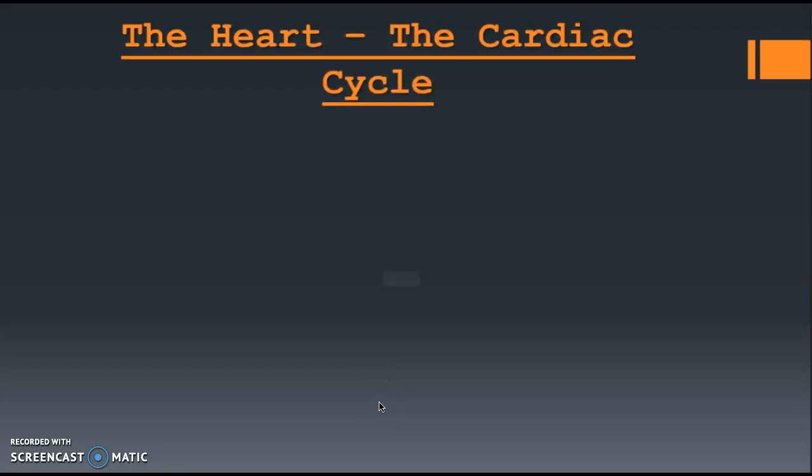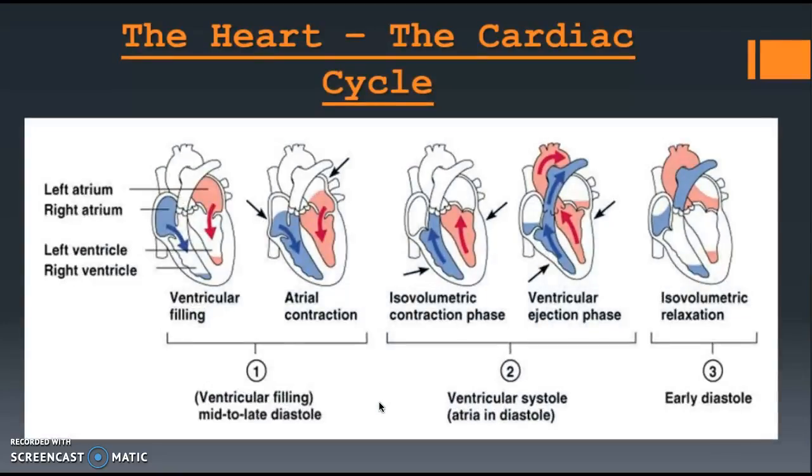Here we'll be talking more about the cardiac cycle. This diagram shows the cardiac cycle again, but assumes that the atrial diastole has already taken place. You can see from the diagram that the blood has already filled the left and right atria. Then the process moves on to the ventricular diastole, which is when the ventricles start to passively fill.